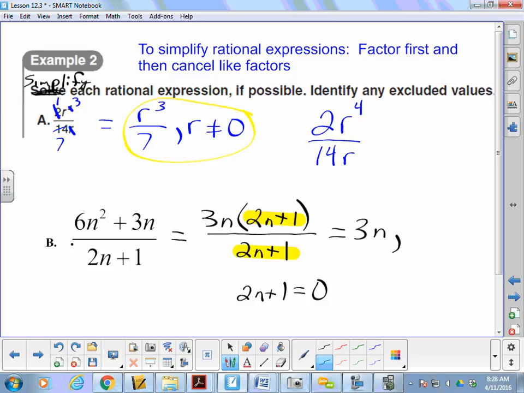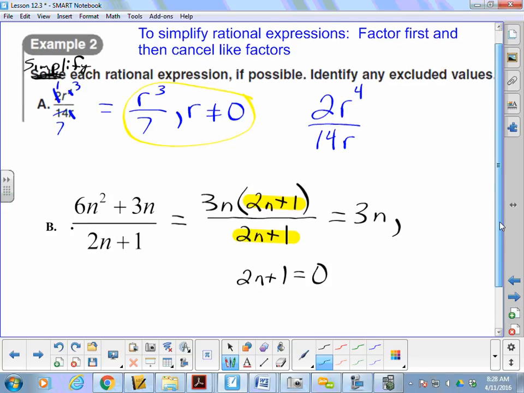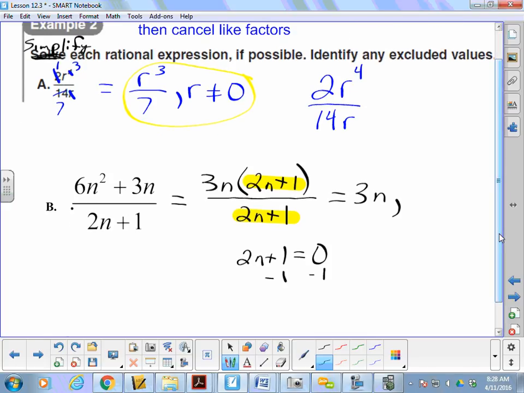We subtract 1, and then do what? Divide by 2. So subtract 1, divide by 2. So then n cannot equal negative 1/2.